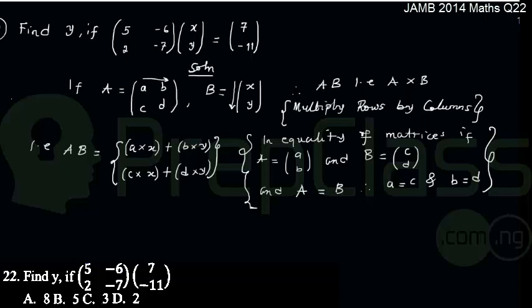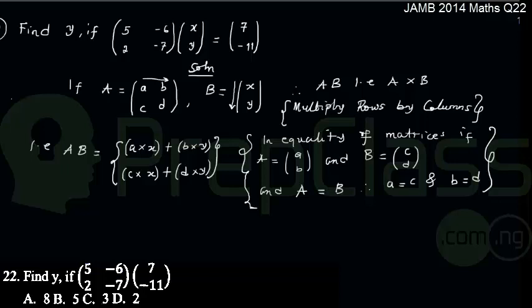So basically, this is the format. So in equality of matrices, you need to realize that if I have a matrix, let's say A equals AB and B equals CD, and the 2 matrices are equated, the elements here should be equal to the elements here. Elements in corresponding positions would be equated.